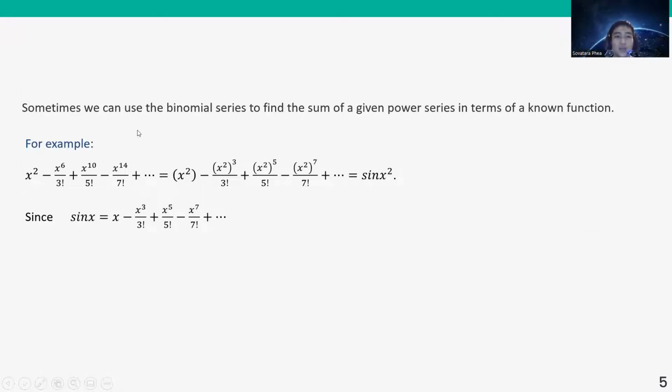Sometimes we can use the binomial series to find the sum of a given power series in terms of a known function. For example, they give us this power series, x^2 - x^6/3! + x^10/5! - x^14/7! + and so on, which equals sin x^2, because sin x = x - x^3/3! + x^5/5! - x^7/7! + and so on.